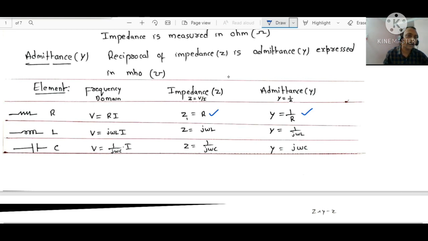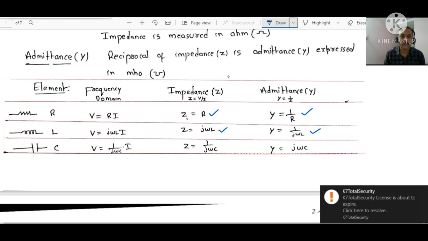Similarly, for inductor, in frequency domain, how can we write the relation between voltage and current? V equal to j omega L times I. Now what about impedance? Ratio of V and I, so it will be equal to j omega L. Now admittance Y equal to 1 by Z, 1 divided by j omega L. These are important.